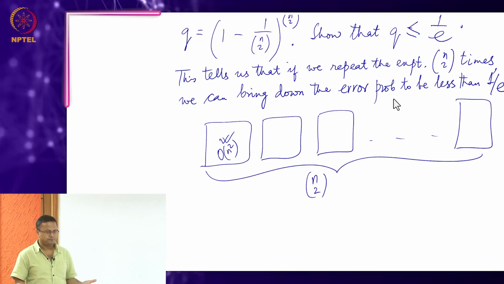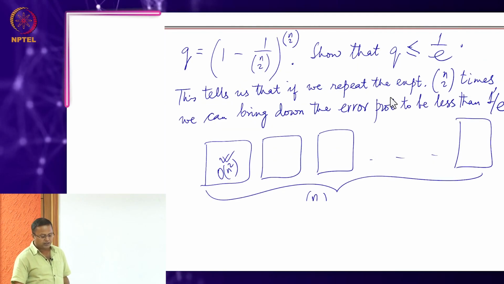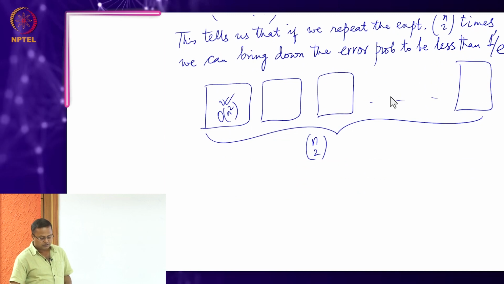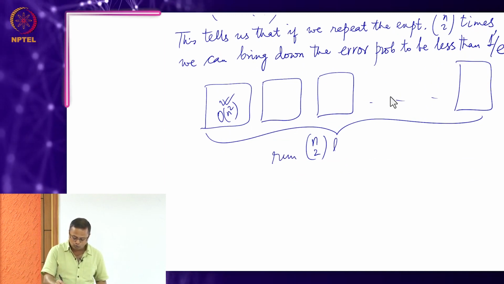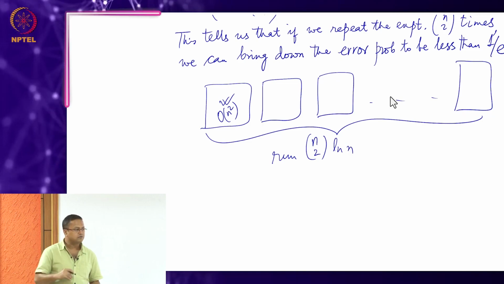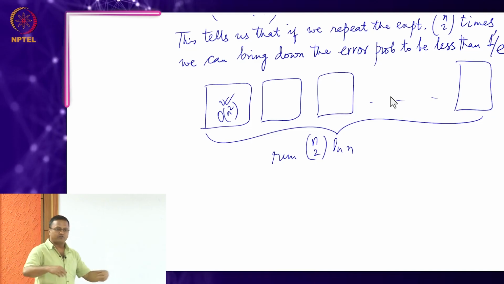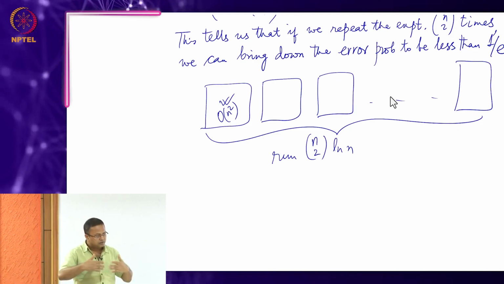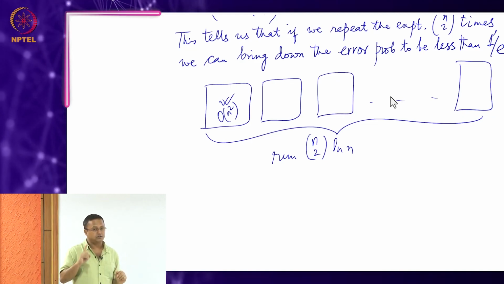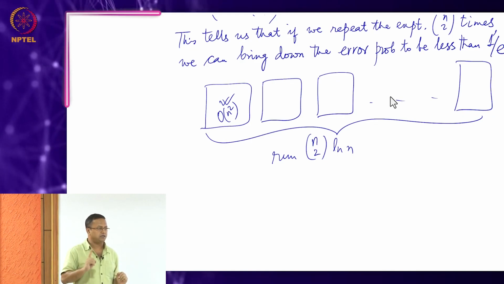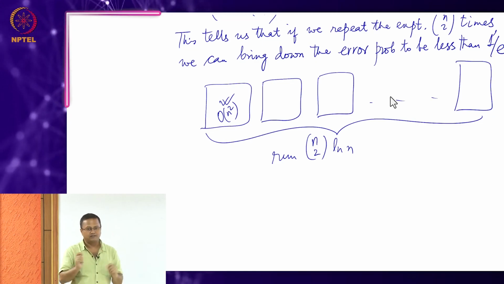You can do this exercise: what if, instead of running n choose 2 times, I run n choose 2 log n times, and see what happens to the error probability. The more instances you run, the more your error probability would keep coming down. Mind you, it's because your algorithm has a one-sided error. If it had errors on both sides, this would not have worked.